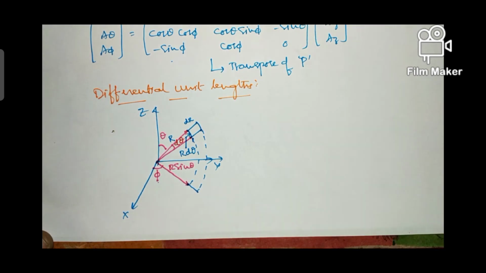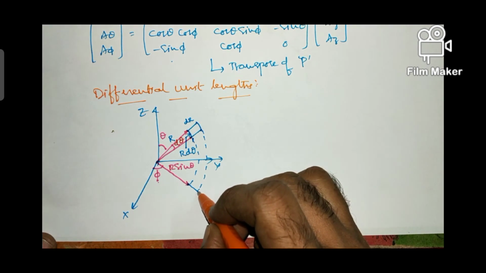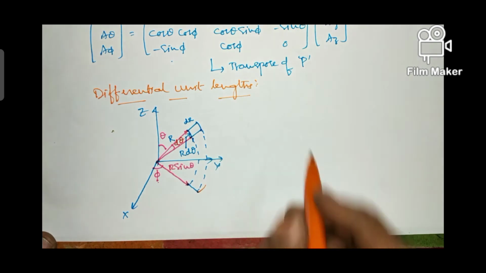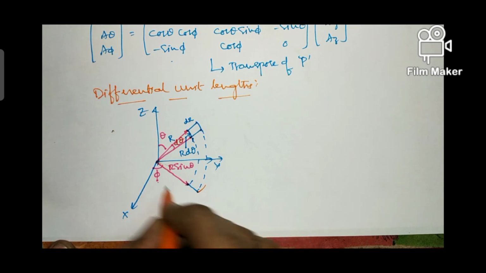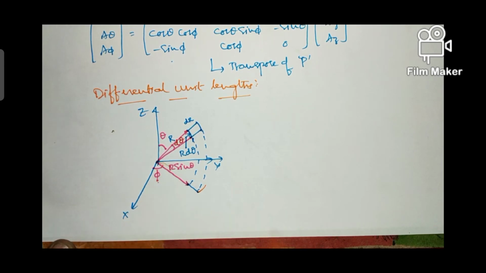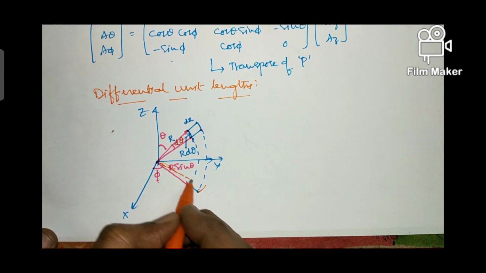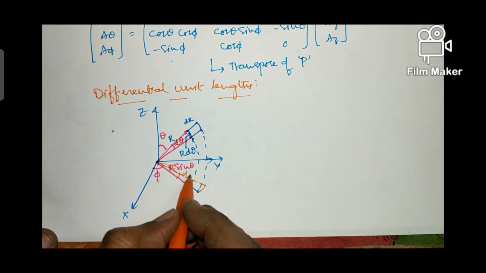This is the component of r onto the xy plane. Now let us have a small differential length along phi. Let us consider d phi along phi. This small angle is known as d phi.